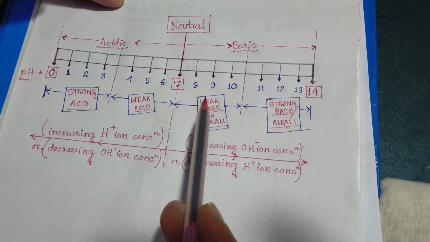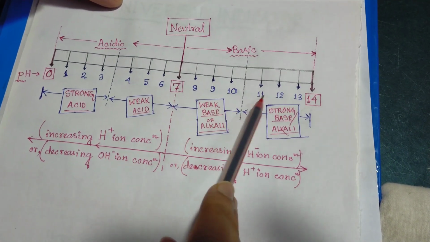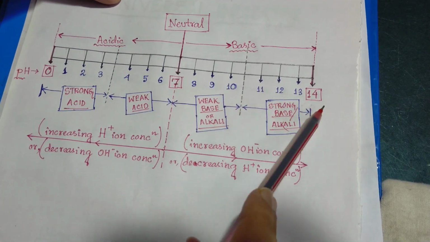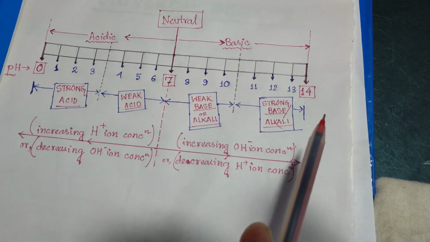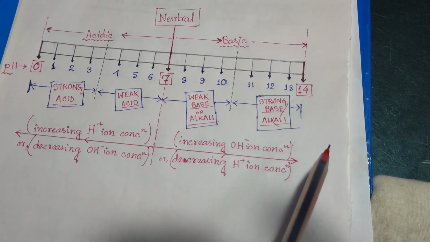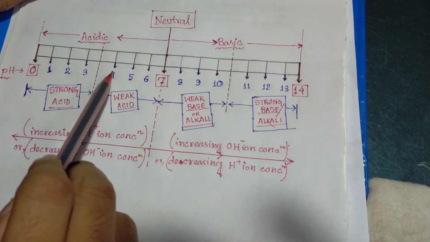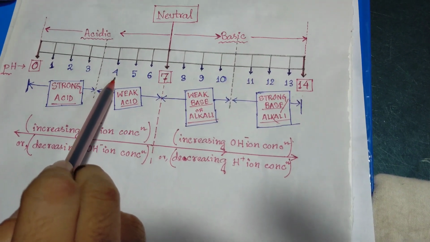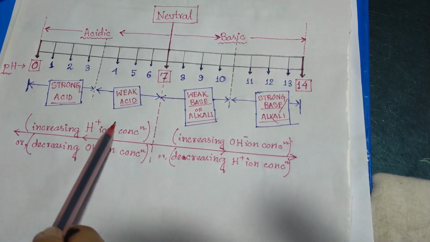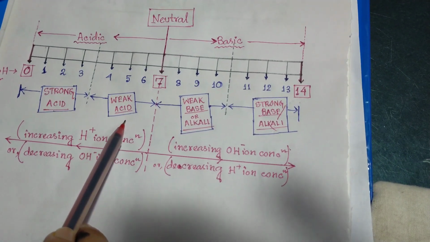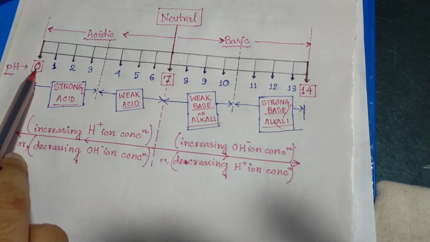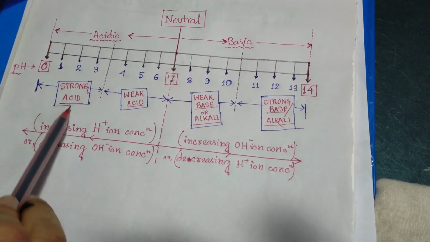Values more than 7, that is 8, 9, 10, 11, 12, 13, 14, all indicate basic solutions. From these considerations, we can state that pH values 4, 5 and 6 are weak acids, and pH values 0, 1, 2, 3 are strong acids.